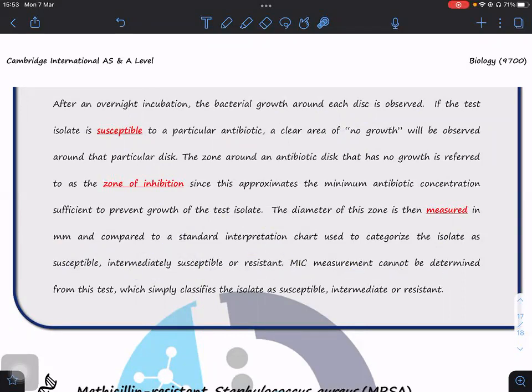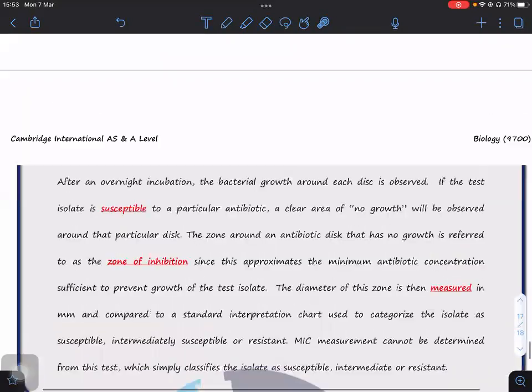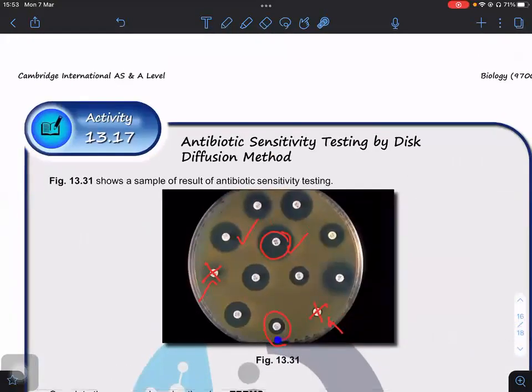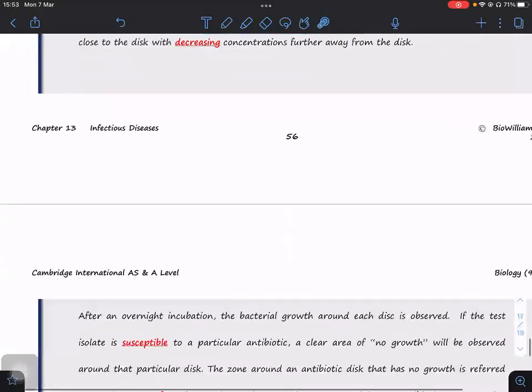An MIC measure cannot be determined from this test, which simply classifies the isolate as susceptible, intermediate, or resistant. So if you measure and the diameter is too small, maybe resistant. Are you clear? If the diameter is large, then susceptible. This is how the classification works.